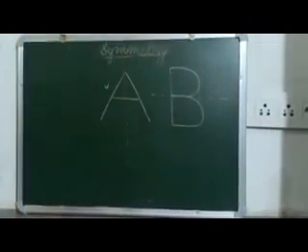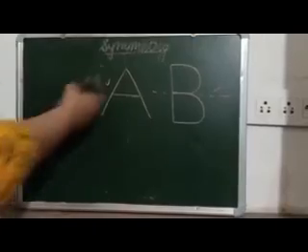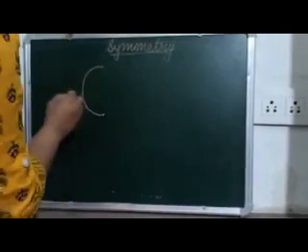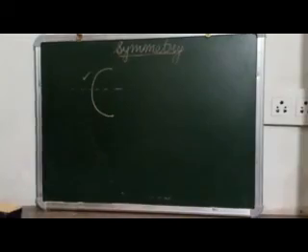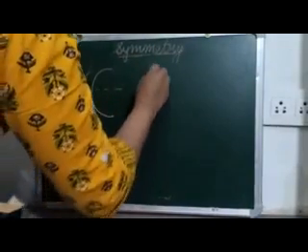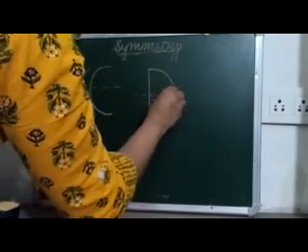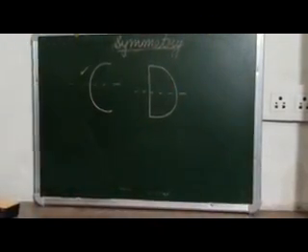So this is the horizontal line of symmetry. Then if we talk about C, C can be divided again by drawing a horizontal line. So it is having horizontal symmetry. Then D, D can also be divided by horizontal line. So it is also having horizontal symmetry.